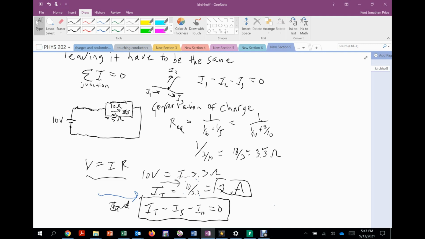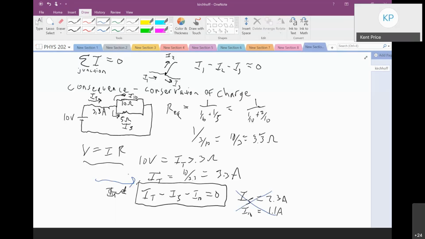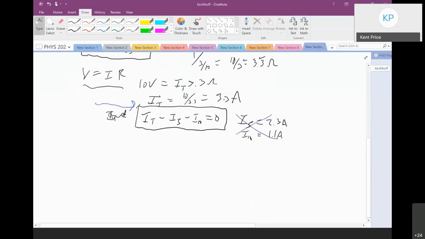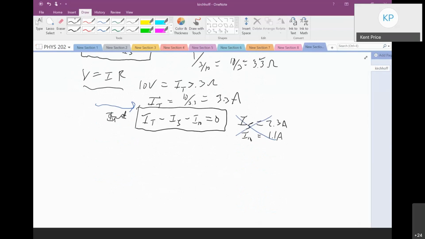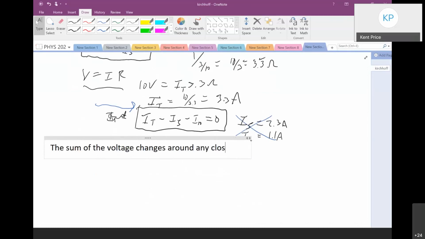To do that, we will need to use Kirchoff's other rule, the loop rule, or voltage rule. So I'm going to scroll up. Kirchoff's other rule, the loop rule: the sum of the voltage changes around any closed loop in the circuit is 0.